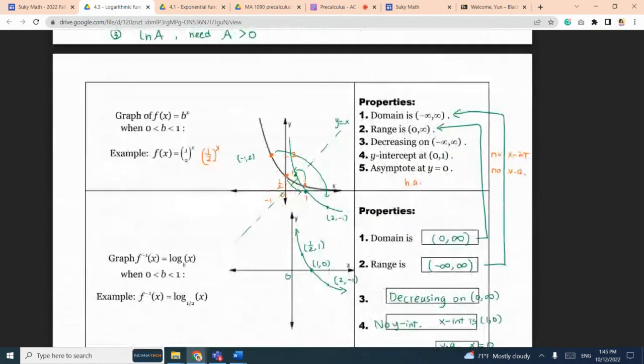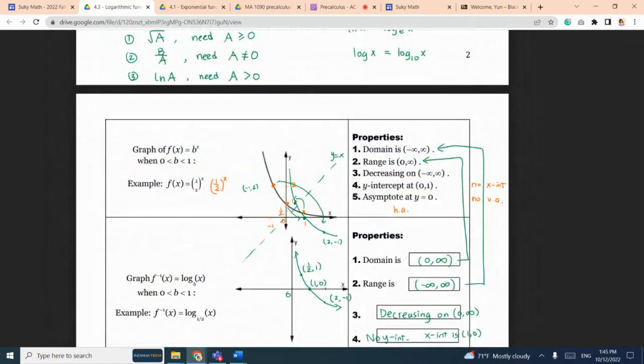Awesome. How about when b is a number between 0 and 1? If b is a number between 0 and 1, we know that the exponential function is a decreasing function. It goes like that. Do you remember that, everybody? Then when we draw the inverse function, we draw the line y equals x. And we also put some key points. Look at this key point. This point, we flip it over, we get this point.